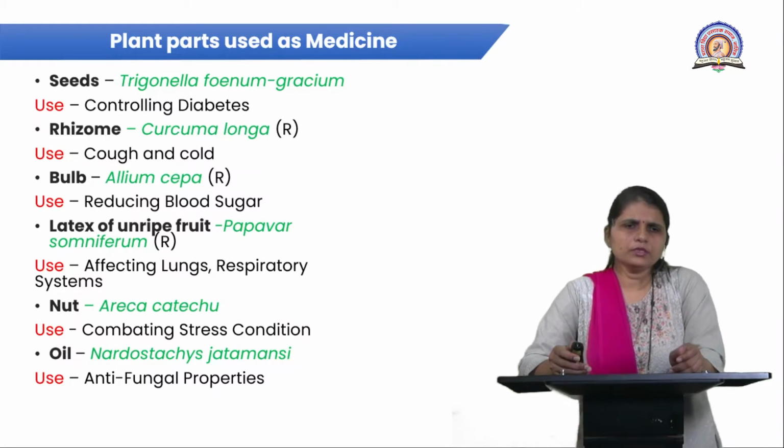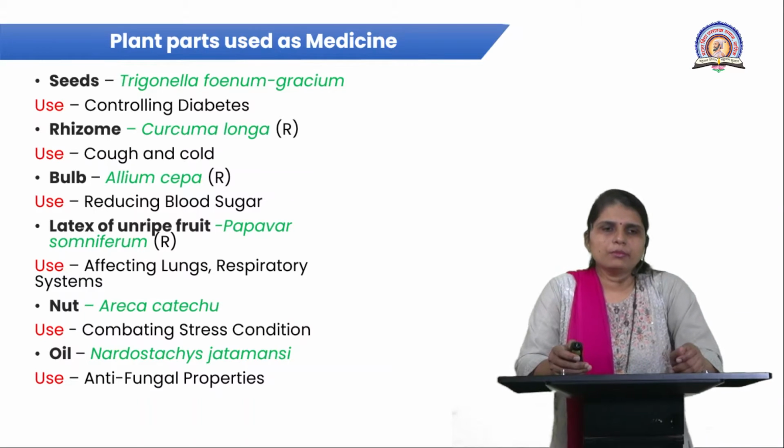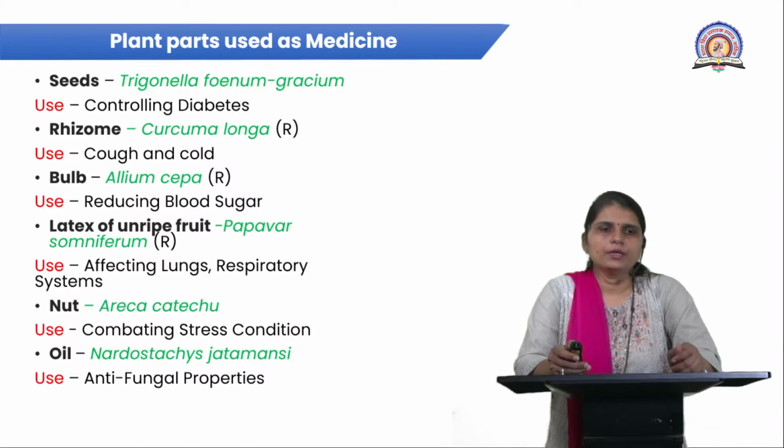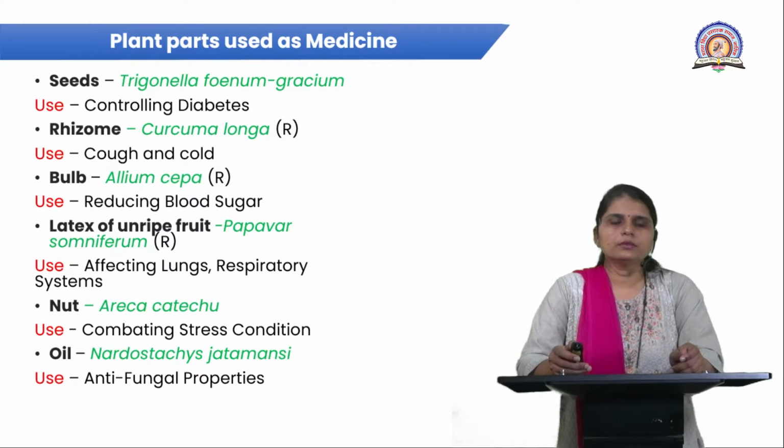This milky fluid of unripe fruit, for example Papaver somniferum, is used as medicine affecting the lungs and respiratory system. Then next one is the nut of Areca catechu, common name supari, which is used as medicine, active in combating stress conditions.